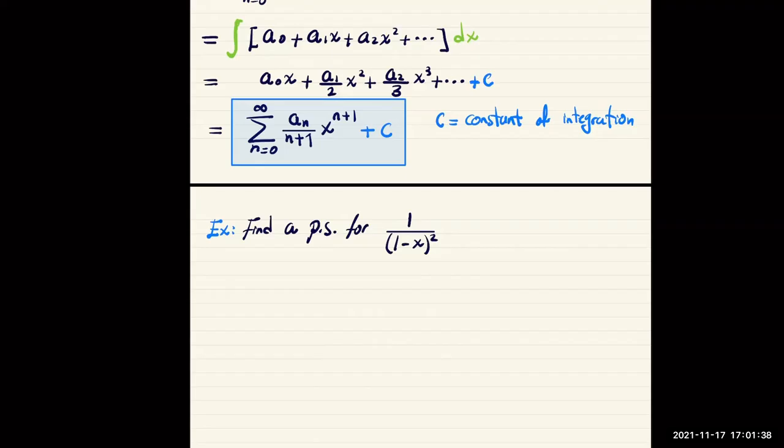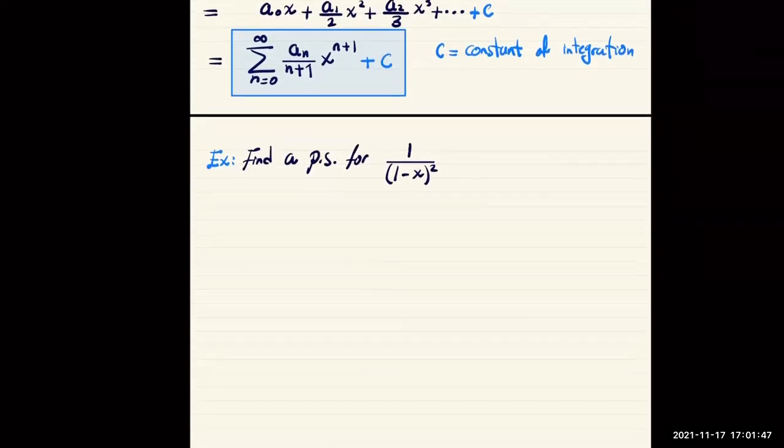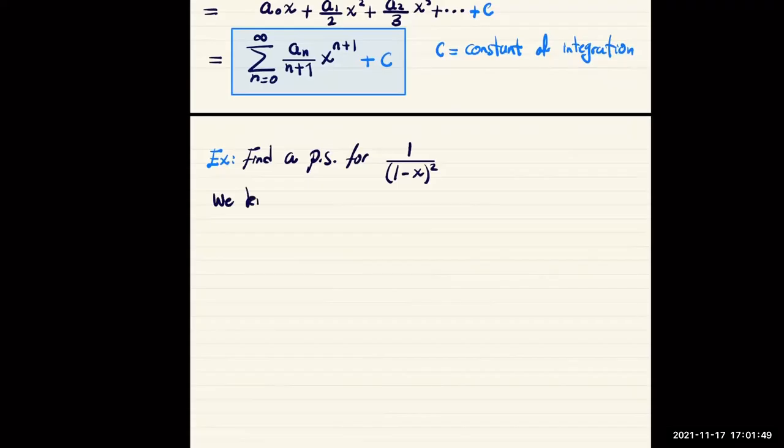So we know that the power series for 1 over 1 minus x is the sum of x to the n. This is, again, the parent power series, parent power series because we can come up with other power series based on this power series by substitution.